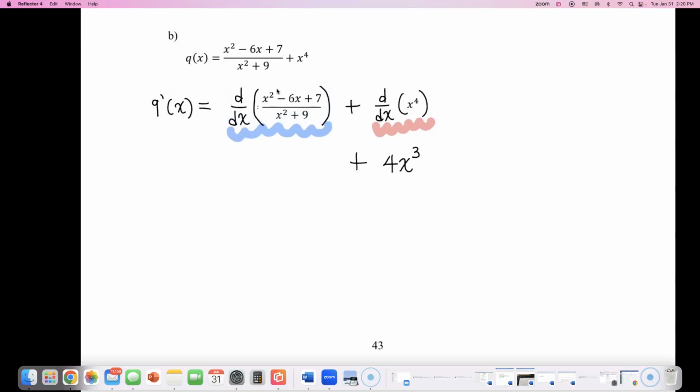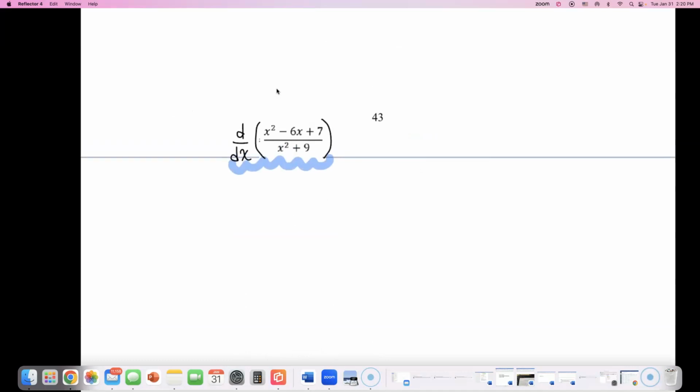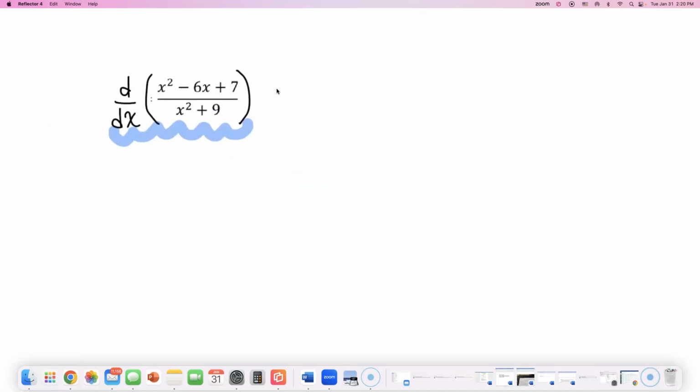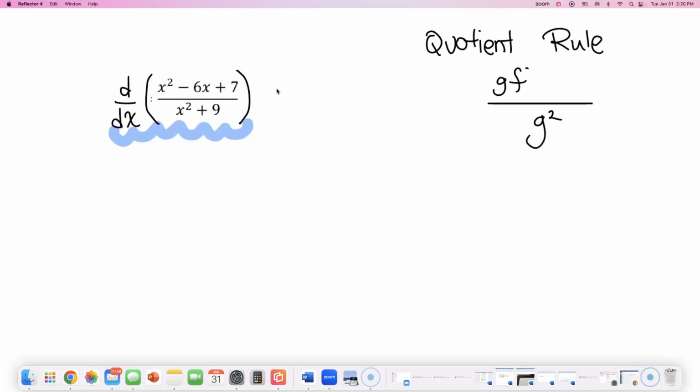So I'll copy that down here, and I'll do the work here, okay? So I know I'm gonna use quotient rule because this is a quotient, and it goes like this. I will have to do g squared in the bottom, and on top I do gf prime minus fg prime.